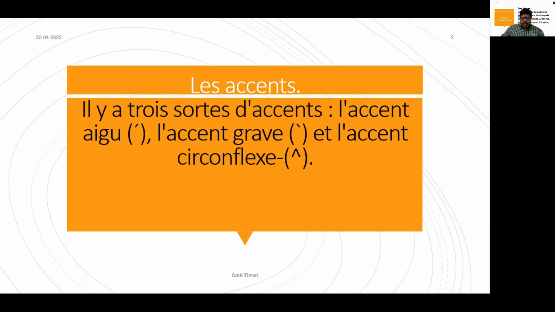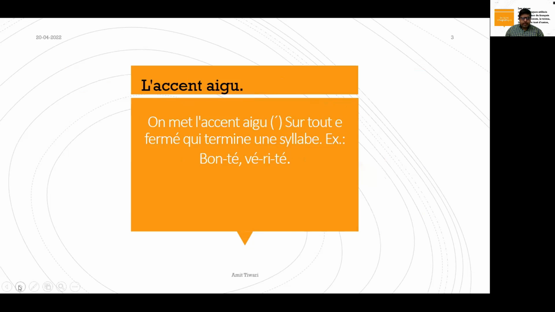There are three different types of accents in French: l'accent aigu, the acute accent; l'accent grave, the grave accent; and l'accent circonflexe, the circumflex accent. These accents are used at different places on different alphabets, mainly the vowels.